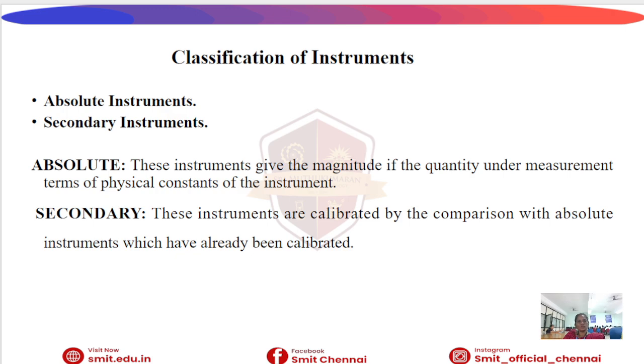Secondary instruments are those which give readings only after calibration with an absolute instrument. Most instruments we use in laboratories and industries such as voltmeters, ammeters, and wattmeters belong to this category. So practically, secondary instruments are more commonly used while absolute instruments are used mainly as standards.